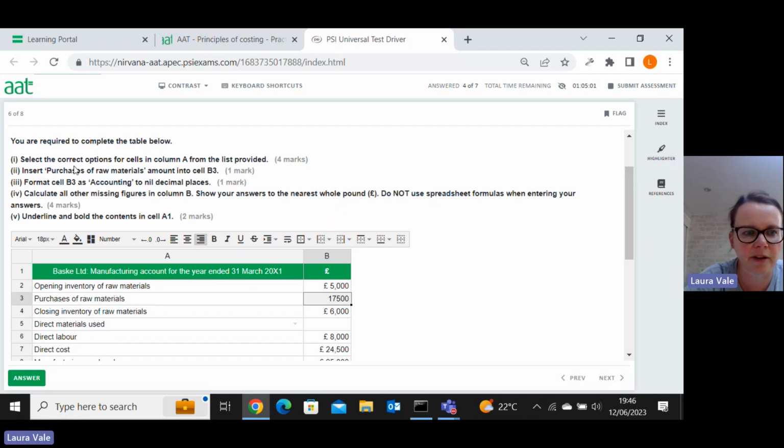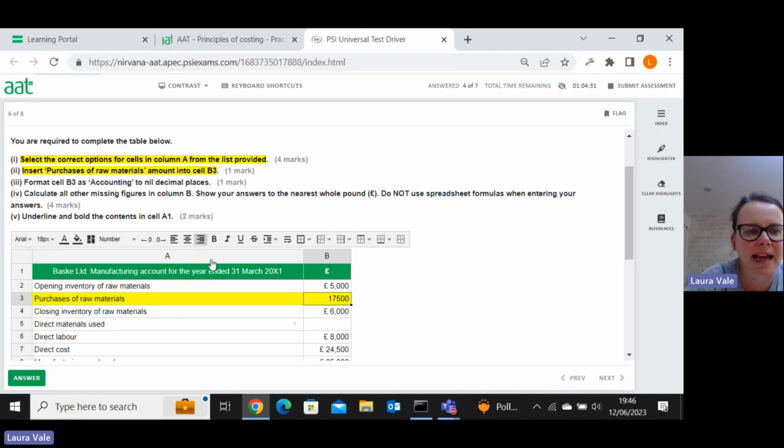And I've got the closing. So then it says format cell. Oh, by the way, you might find it helpful to use the highlighter and highlight as you complete the tasks. Format cell B3 as accounting to nil decimal places. So B3, this one, looks a bit rogue.